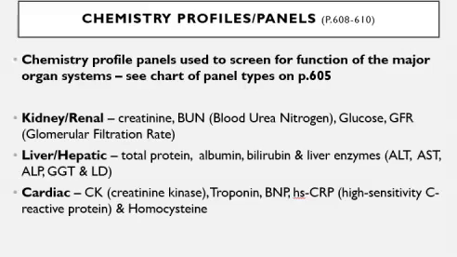So these tests are set up to determine, are those renal organs working properly. So the tests that are included in this panel are the creatinine test, the BUN test, or the blood urea nitrogen test, the glucose test, and the GFR test, which is the glomerular filtration rate.